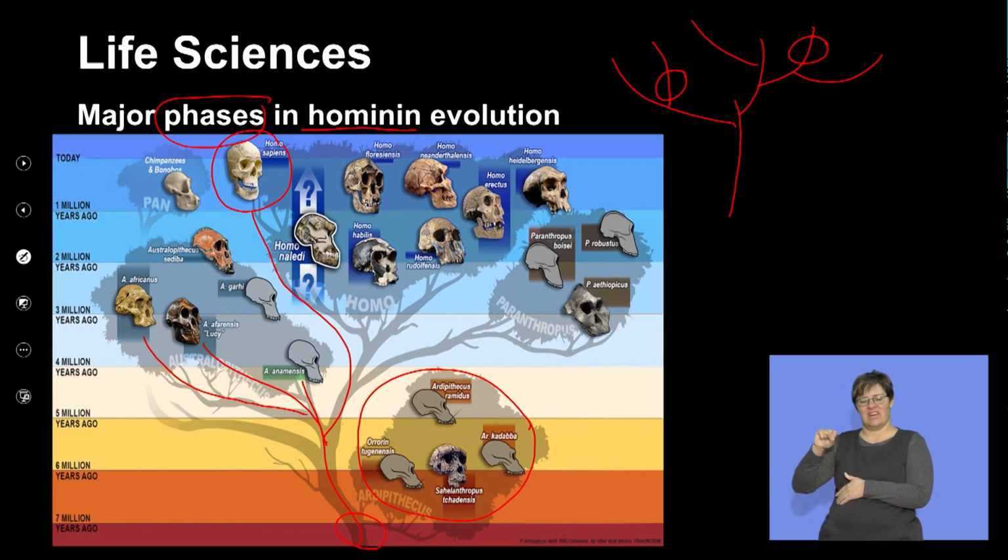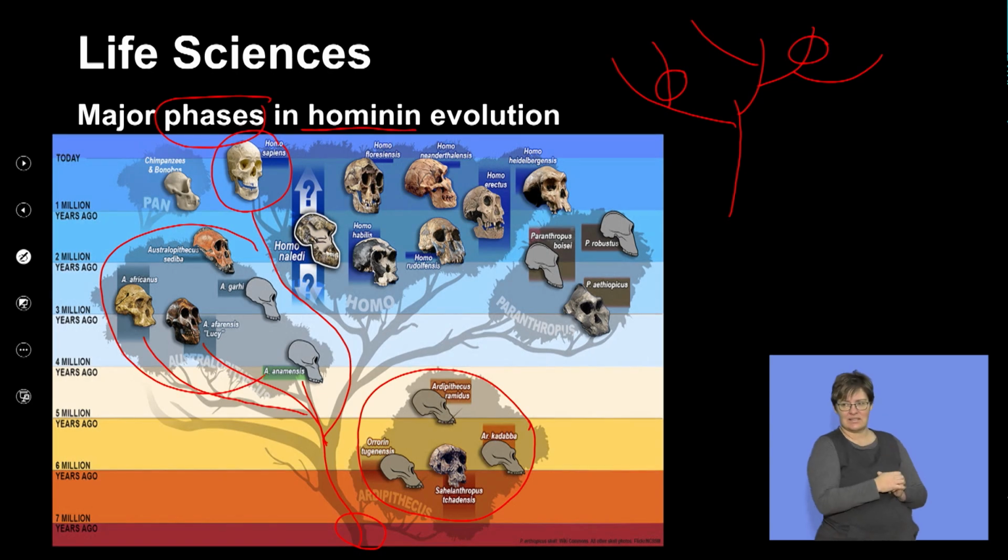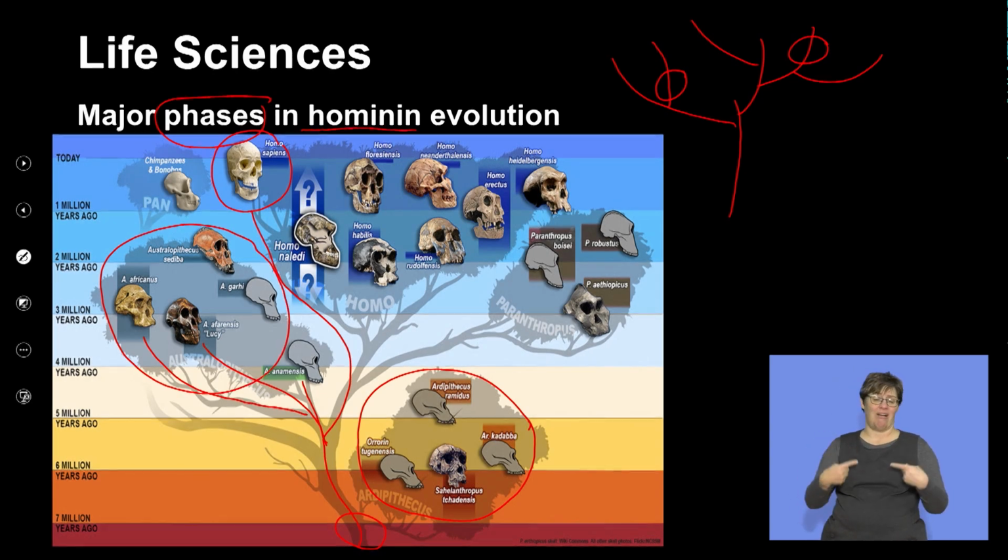And you'll notice they don't go anywhere because they don't play a direct role as to where the humans come in. What we find over here are these different genuses, and the ones that we pay a lot more attention to are these over here. It's a word that I sometimes get confused with: the Australopithecus.